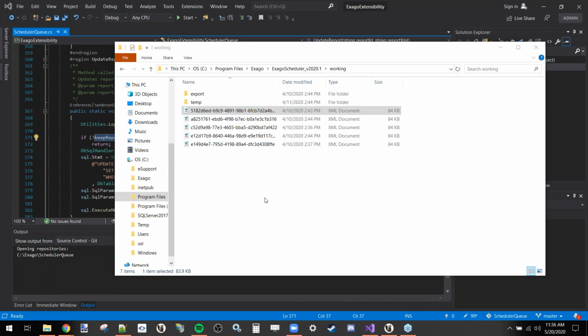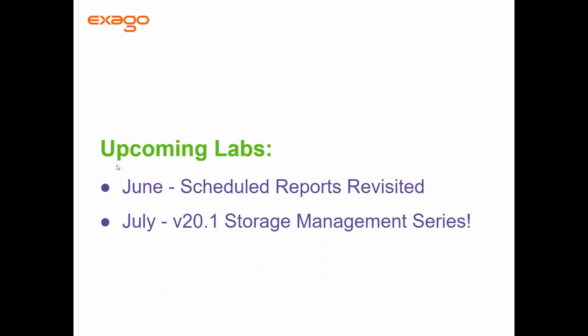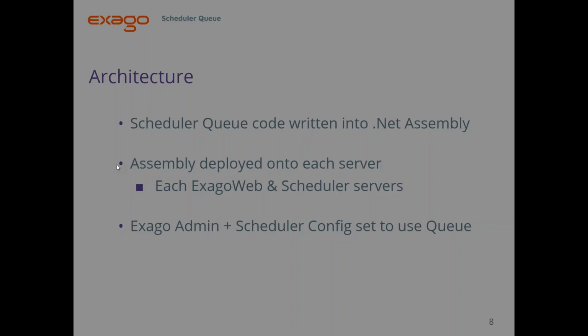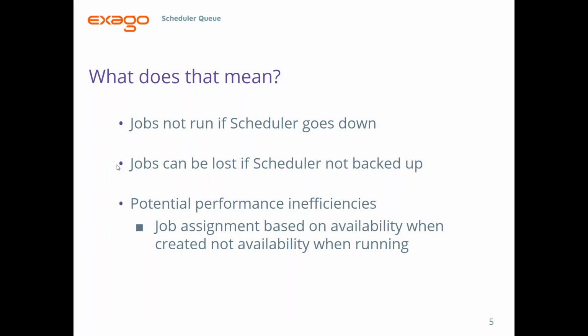I see a few more questions coming in. The question was, do we need to use extensibility for this to work? You don't need to use the scheduler queue. The scheduler installations will handle the scheduled jobs on their own. But as I mentioned earlier, if I just back up here for a second, for the update flag in particular, the question is, will the schedules be updated if a user saves the report without using the queue?